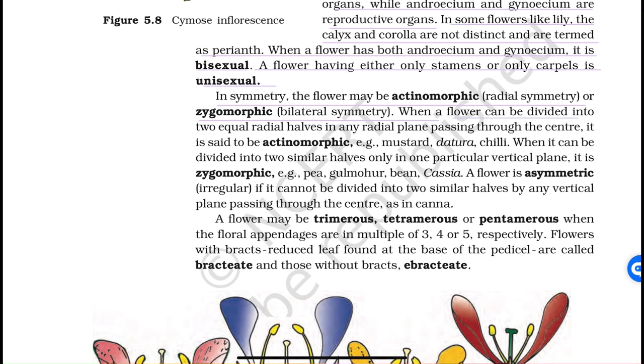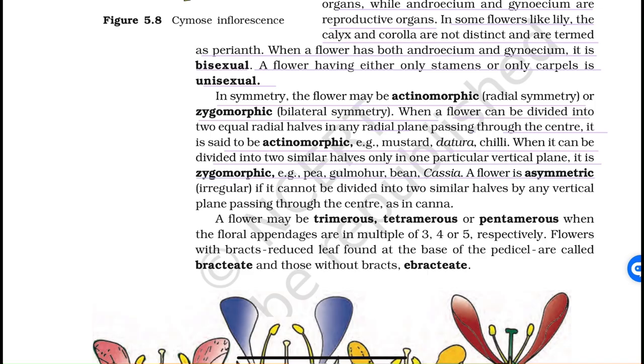When a flower can be divided into two equal radial halves in any radial plane passing through the center, it is said to be actinomorphic. Example: mustard, datura, chili. When it can be divided into two similar halves on a particular vertical plane, it is zygomorphic. For example, pea, gulmohar, bean, cassia, etc.